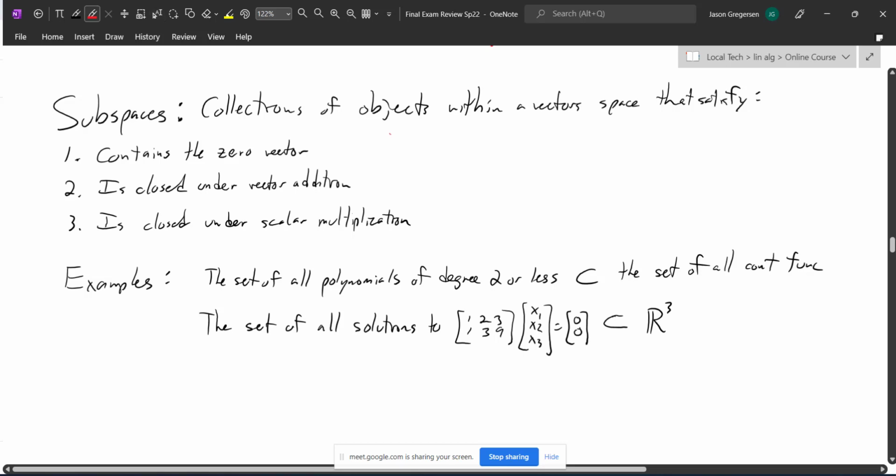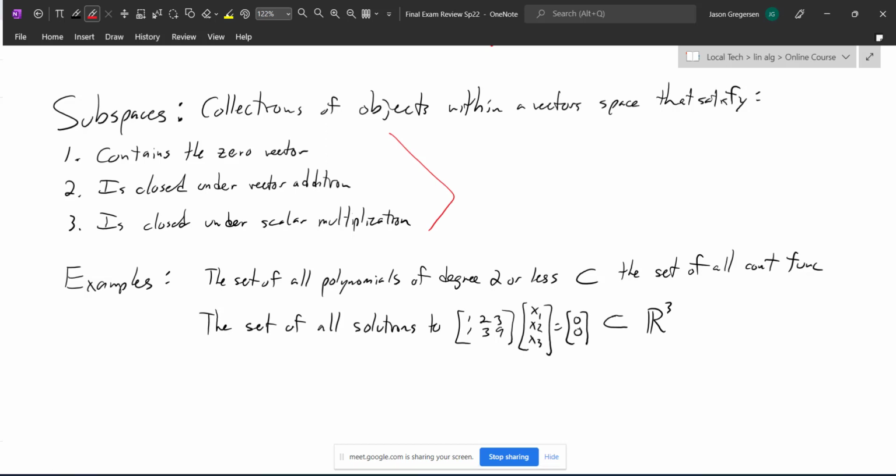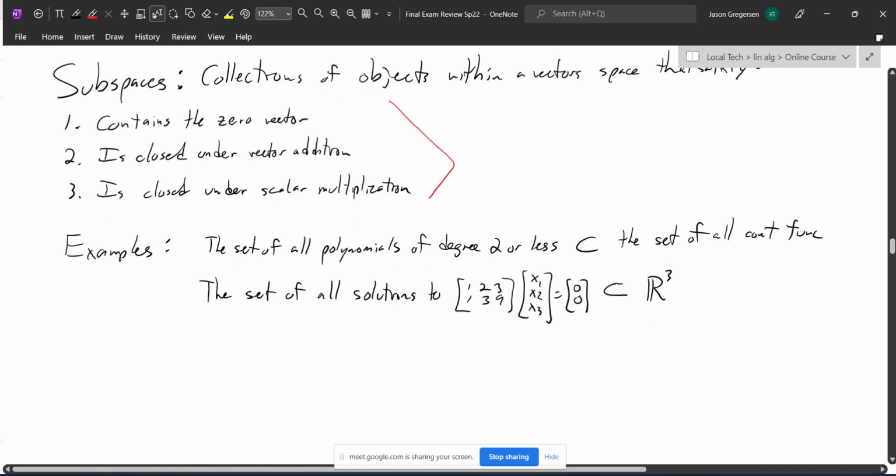Is 0 in our subset, and is our subset closed under vector addition and scalar multiplication? As long as we can't add our way out or scale our way out of the subset, then it would be a subspace.